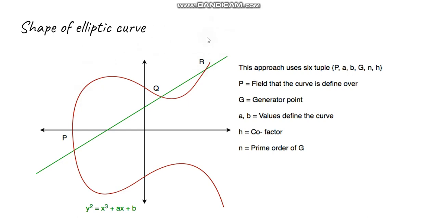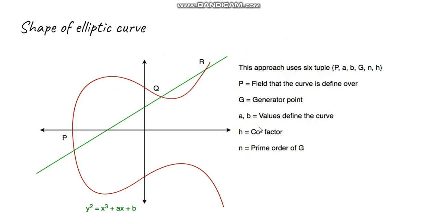Now when you add P with R, another point will be generated on the curve. This addition operation forms an abelian group over addition. When you define this addition over this elliptic curve, it forms an abelian group.